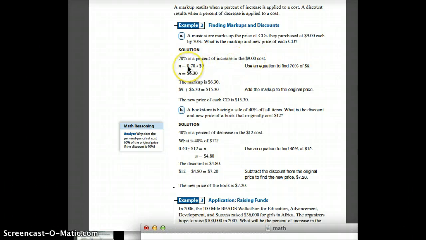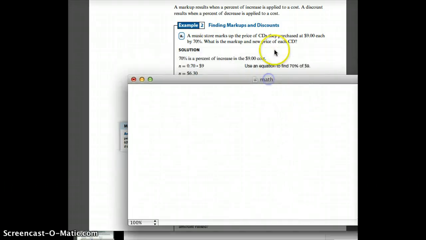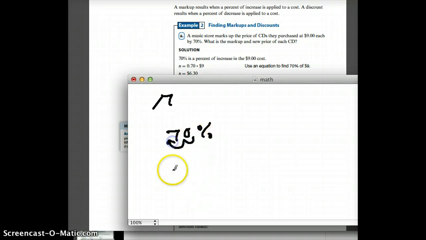70%, so change it into a decimal. When we change a percent into a decimal, okay, let's do that first. If I have 70%, if I change that into a decimal, I take off the percent sign. I'm going to move the decimal 2 places to the left, so it is 0.70.